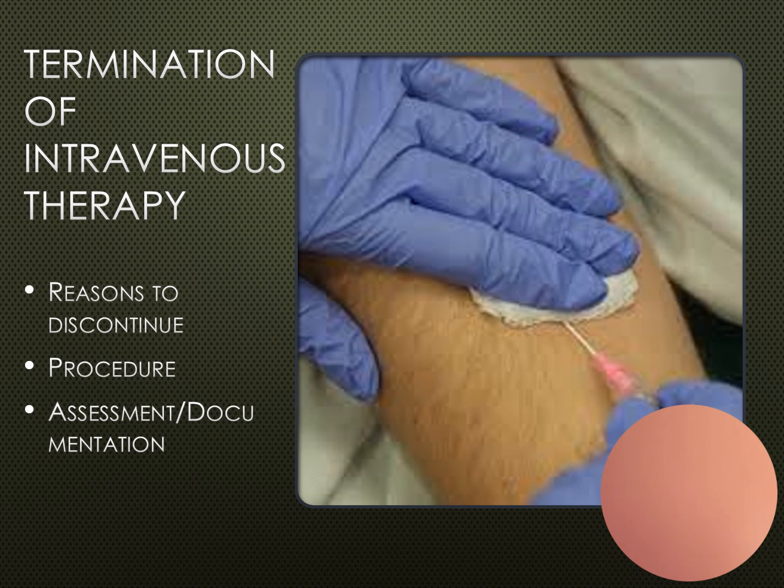Sometimes they do break off and become loose, and in that case, we may have an embolus. If there is a suspected embolus, then we need to begin assessing our client for potential emboli. So we're looking at their respirations, looking at their rate, we're auscultating their lungs, etc.